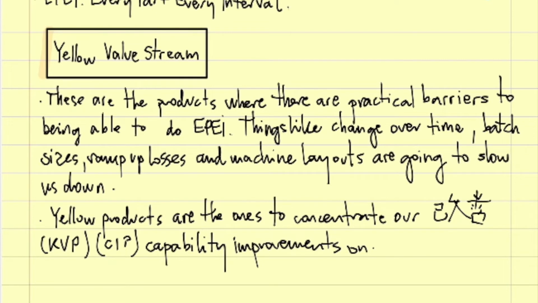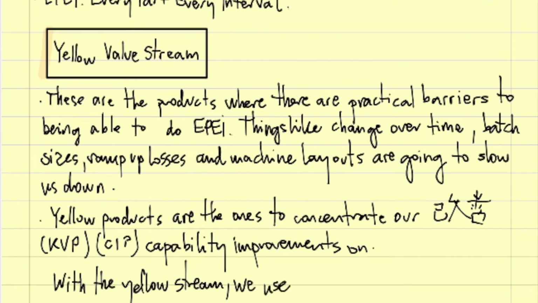So with a yellow stream, we use CPD and A. Okay? You should know what that is, and you should be able to explain it, and you should be able to explain it good with an example, thoroughly, okay?